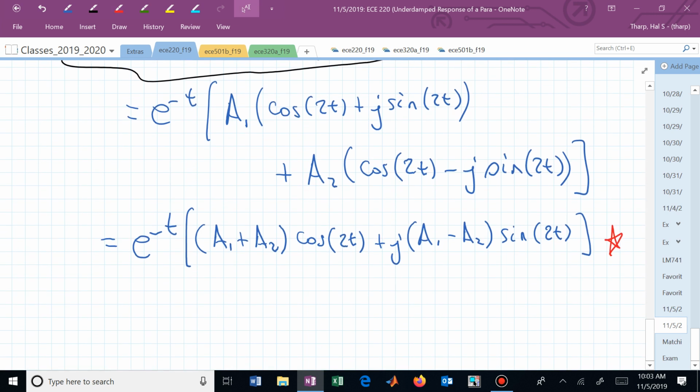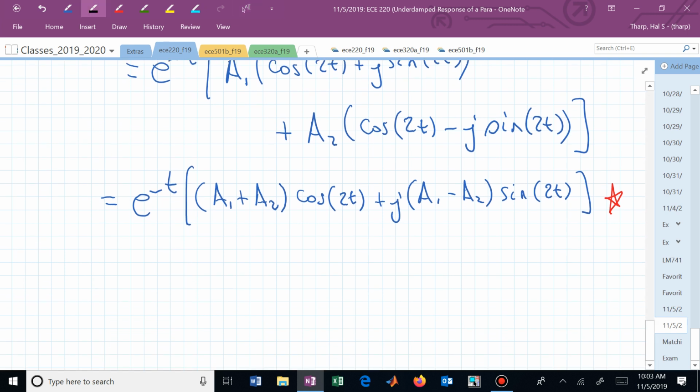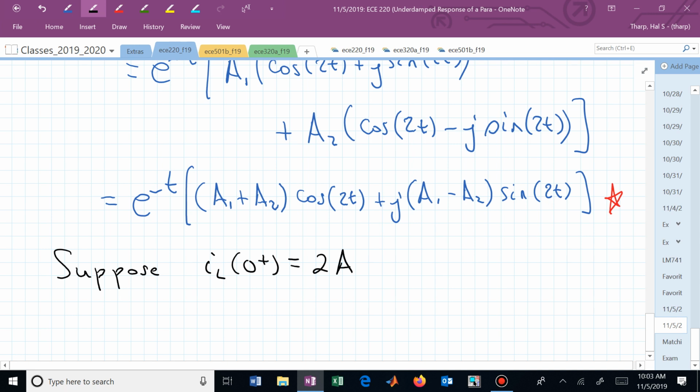So now we're trying to find a1 and a2. Let's go back to our circuit and remind ourselves of what we are dealing with. Let's suppose that we now have an initial condition on our inductor current. Let's say that's 2 amps. And our capacitor voltage is initially, let's say, 1 volt.